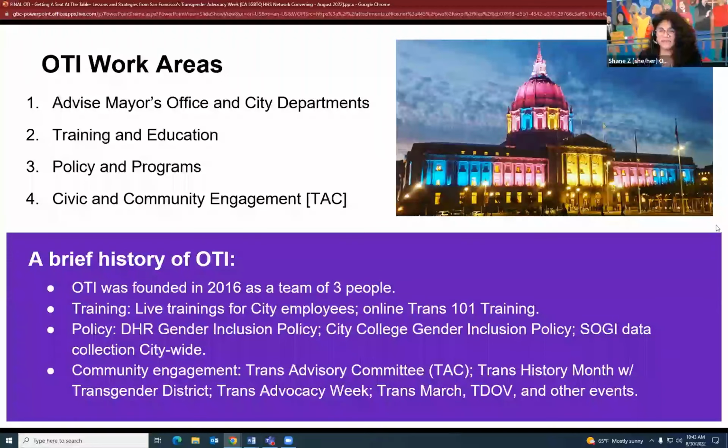I go to different city departments and do trans 101s and educate the different offices of how they can serve trans clients or work with trans coworkers. Policy and programs, we've had incredible work of implementing policies that protect trans people, like the gender inclusion policy that applies to all city employees. And civic and community engagement, that's what we're going to learn a bit about today, is how we've engaged with our community in order to hear the needs of our community and lift them up.